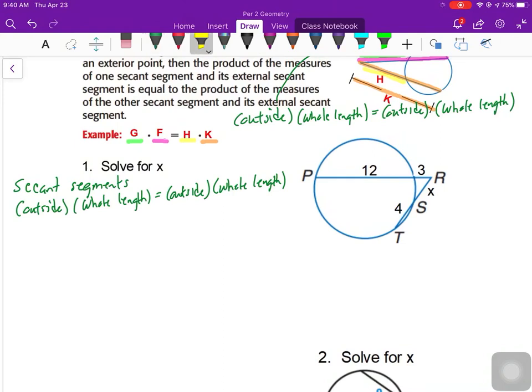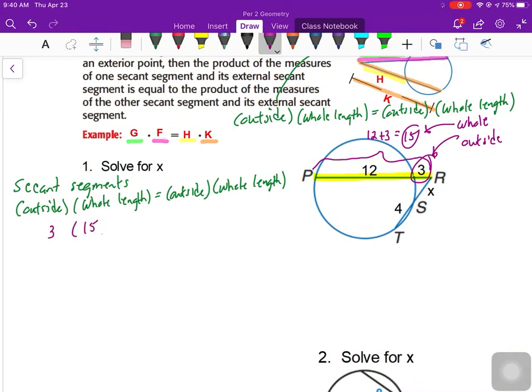For example, on this top secant segment, R to P, the whole length would be all of this together. So it's going to be 12 plus 3. So the whole length there is 15. On that segment then, the outside is 3, and the whole length is 15. So we will take 3 times 15.